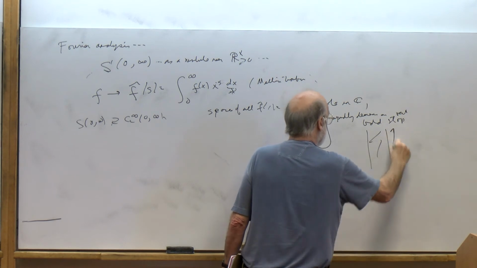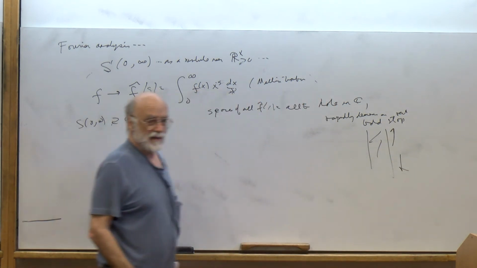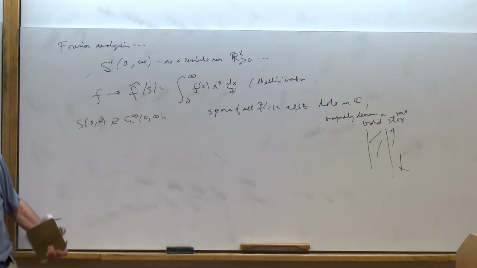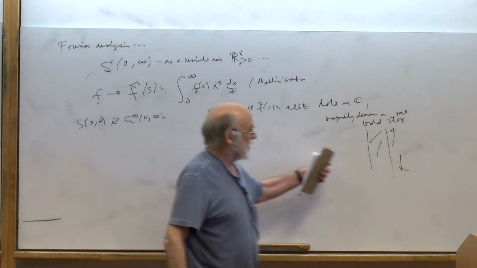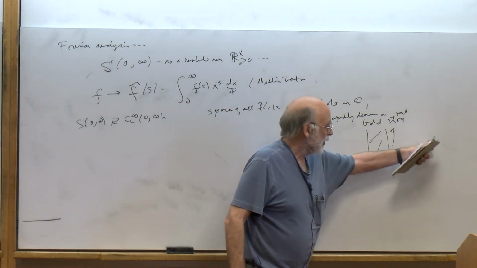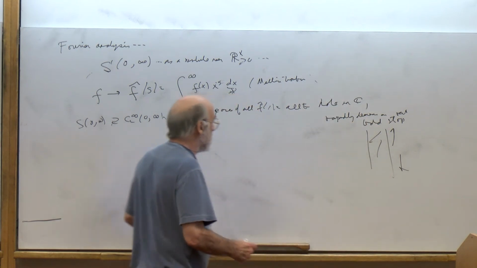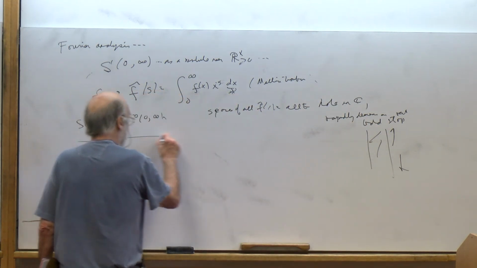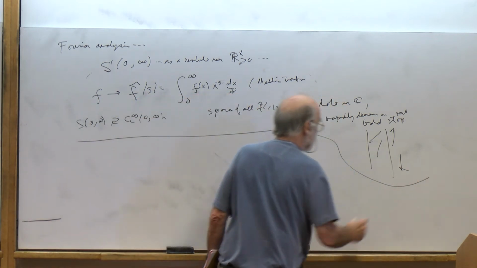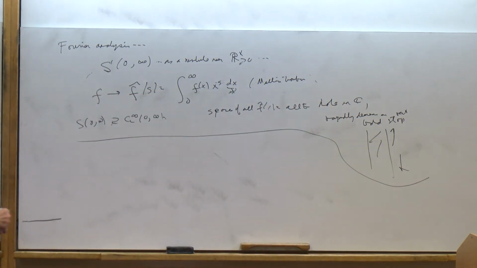So these functions rapidly decrease at infinity in the imaginary directions. You just have to move things arbitrarily far over, and you get a function of rapid decrease. So it's a very nice space. And this actually turns out to be interesting in other ways.